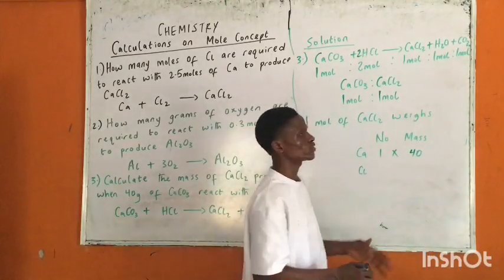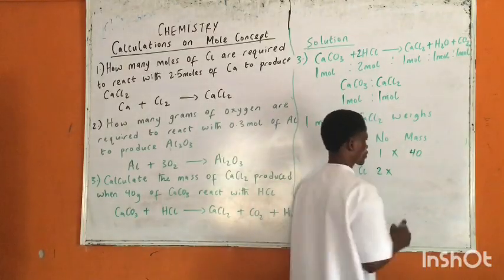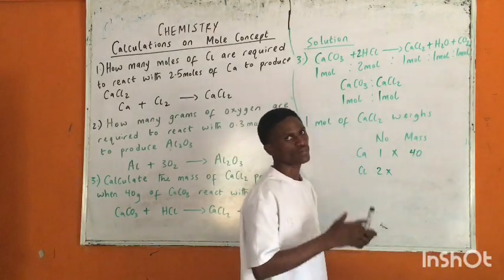How many chlorine do we have here? 2. What's the mass of chlorine? 35.5.